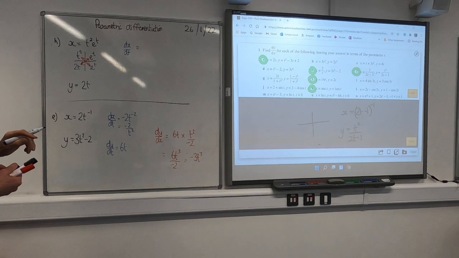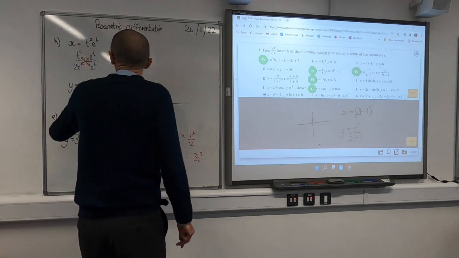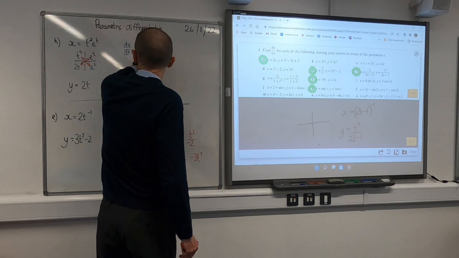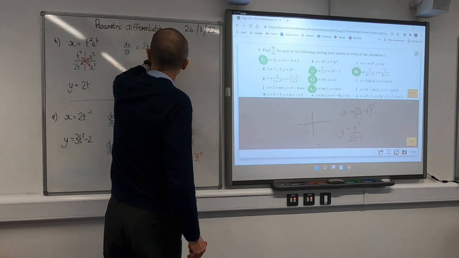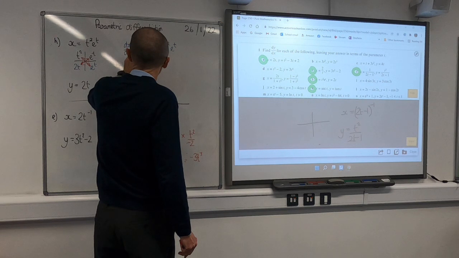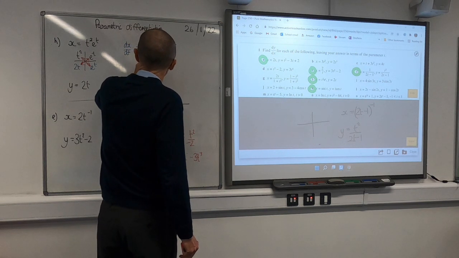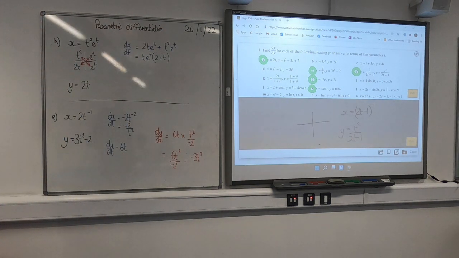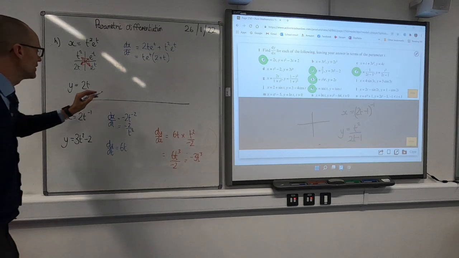Differentiate e, it doesn't change. If you're checking answers, don't be too anxious if you don't get exactly what they got, because often these can be written in different ways.